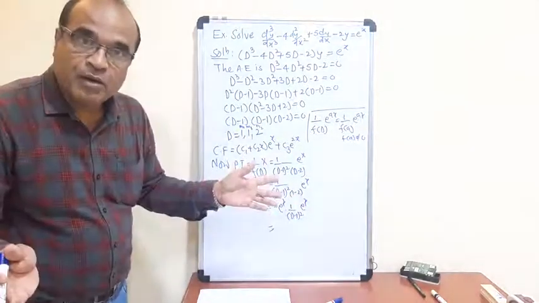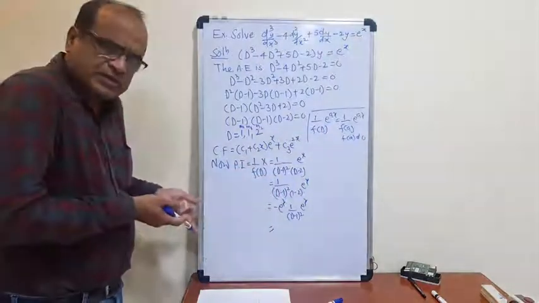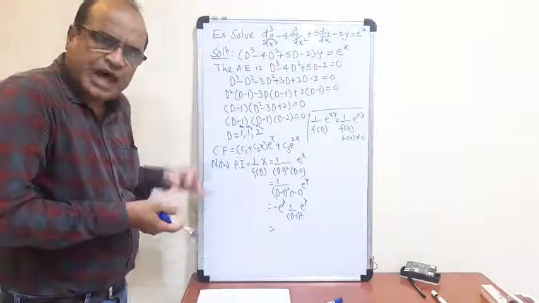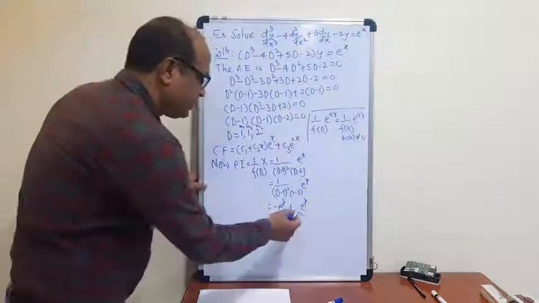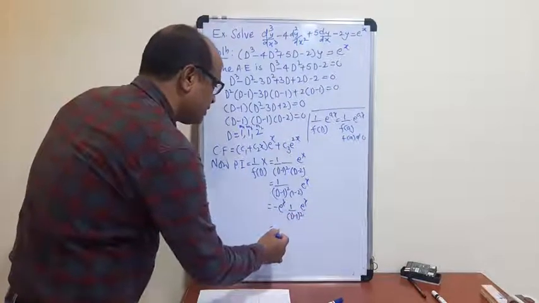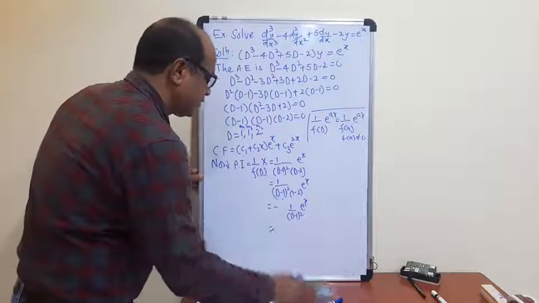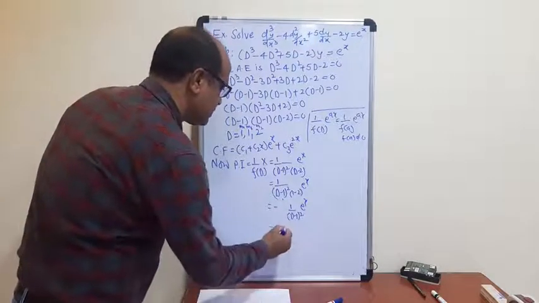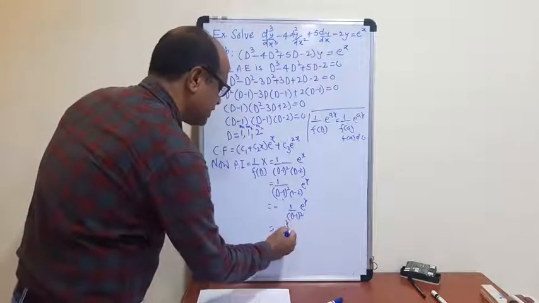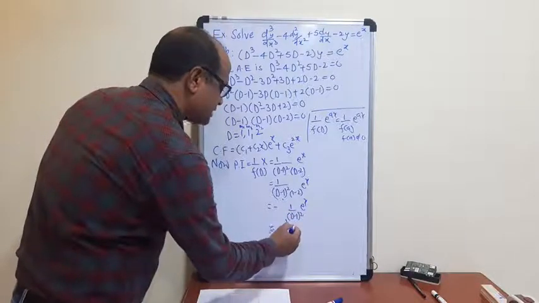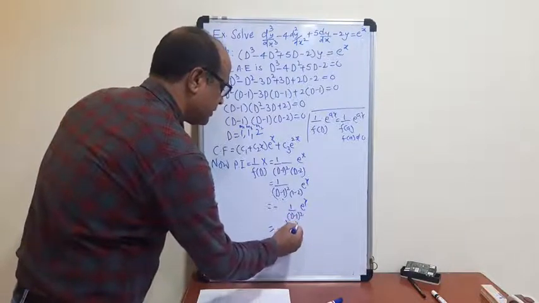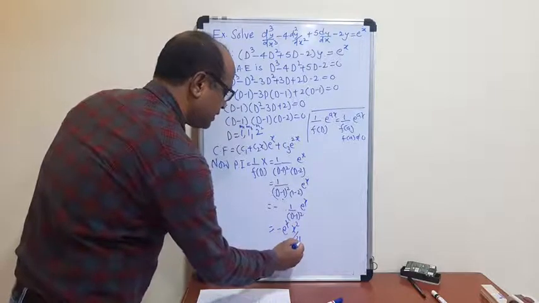Then by using the formula we saw in the last lecture, we directly have to find it here. If the factor is repeated 2 times, then what happens? So minus e raised to x into x square by 2 factorial.